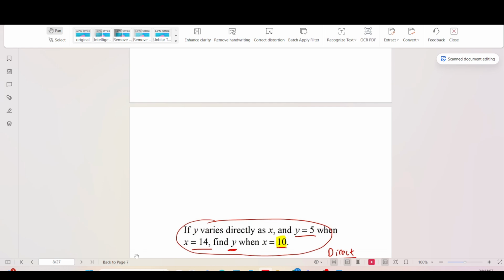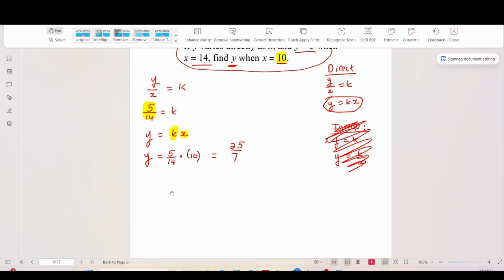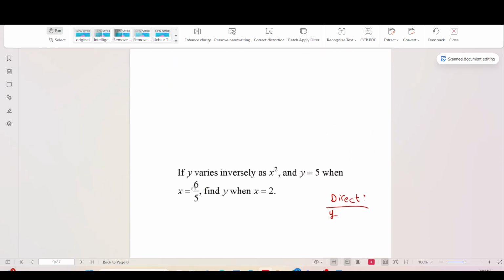Find y when x equals 12. So y over x would be 5 over 14, so 5 over 14 equals y over 12, which gives 60 over 14. Yes, that's correct.